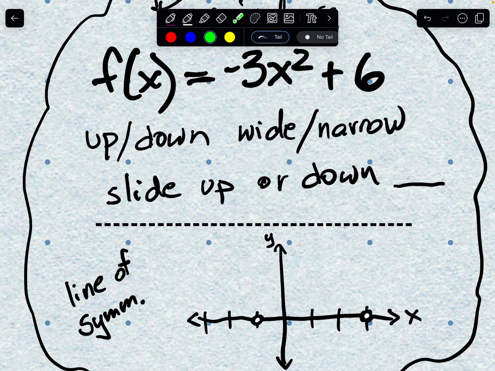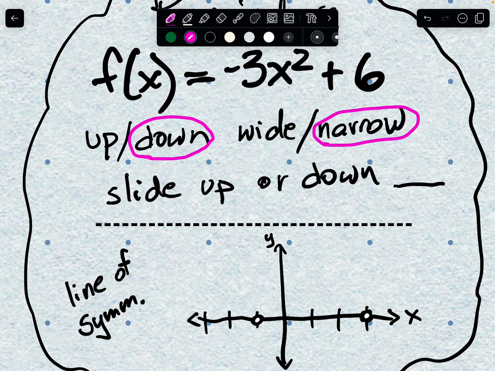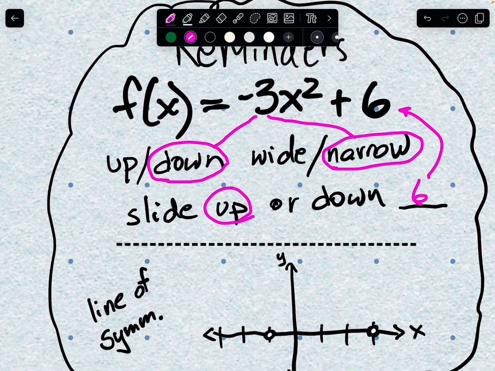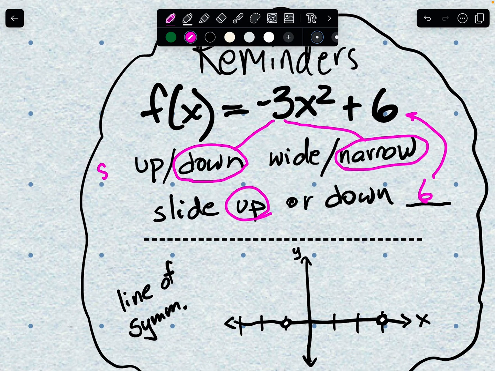Hopefully you've circled each of those. We should have said it went down. It is narrow, and both of those I'm getting from the -3. And then we slid up 6 units, and that's coming from the 6 at the end. This is 8-1, and this is 8-2.